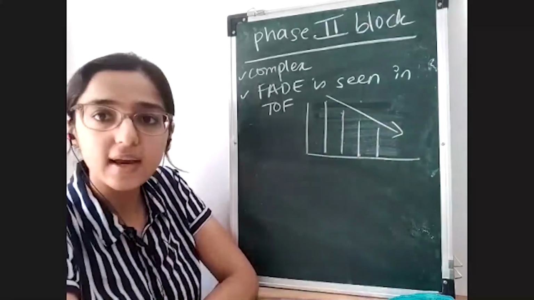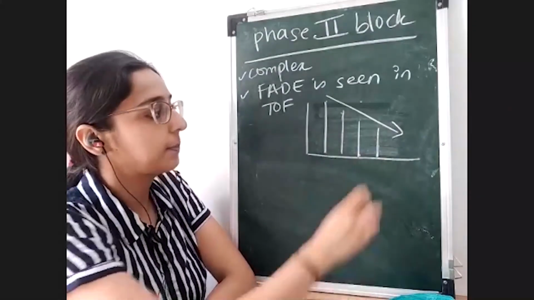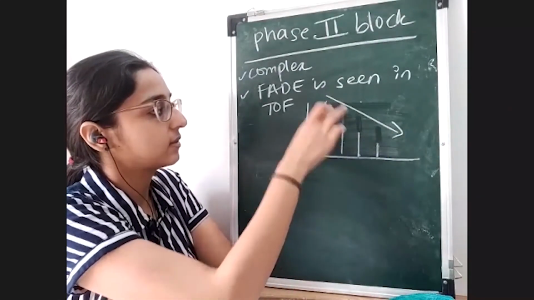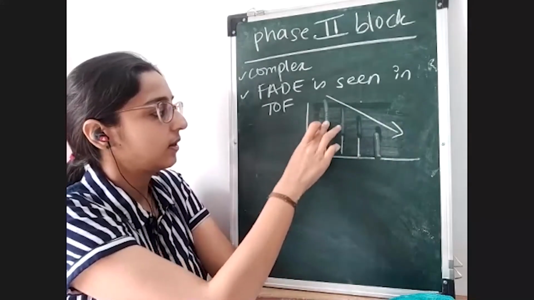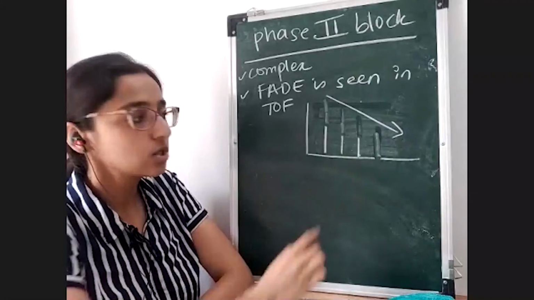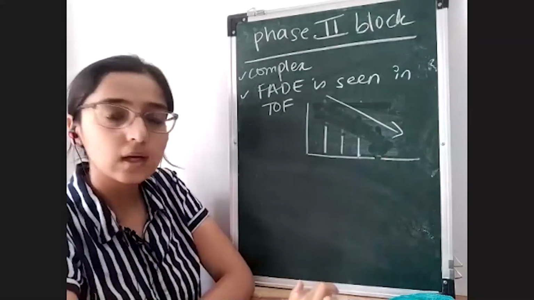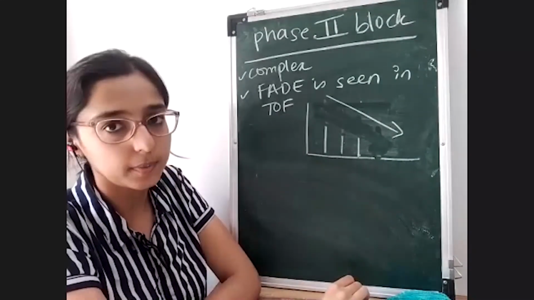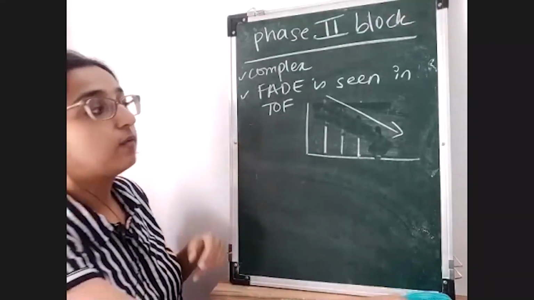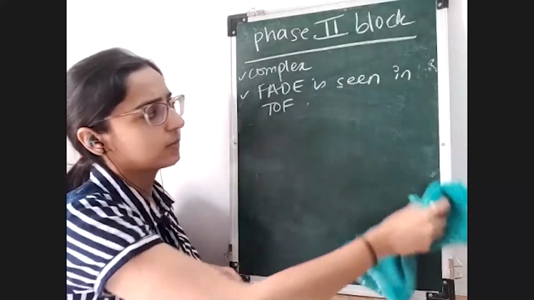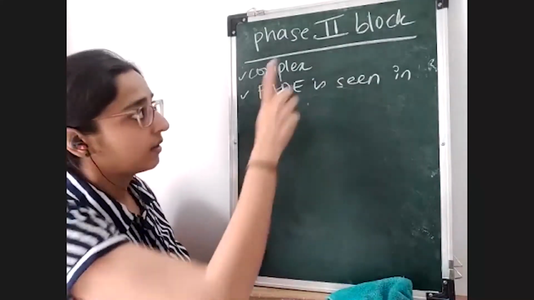This is known as fade. All right. So how will it appear? The height will gradually decrease as the action occurs. So this is known as fade. All right. So this fade is not a property of the depolarizing drugs. But this fade will be observed when you do your neuromuscular monitoring if phase 2 block occurs.